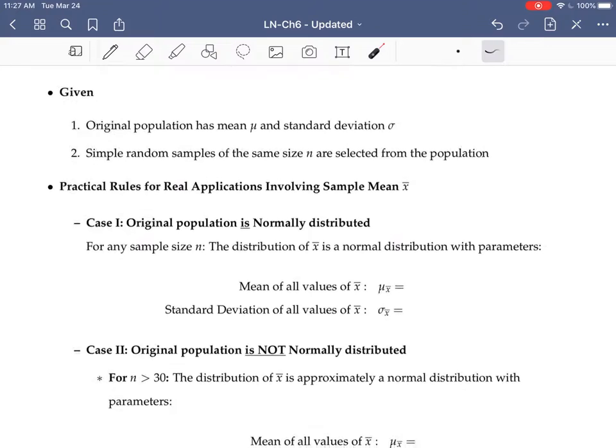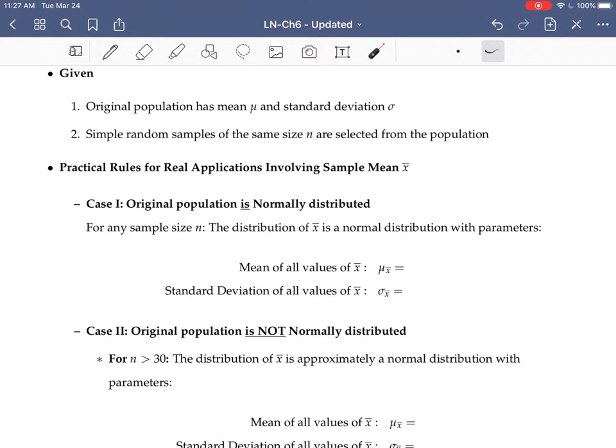And so, practical rules for real applications involving sample means. We have a couple different cases that we'll look at. Our first case is that the original population is normally distributed.